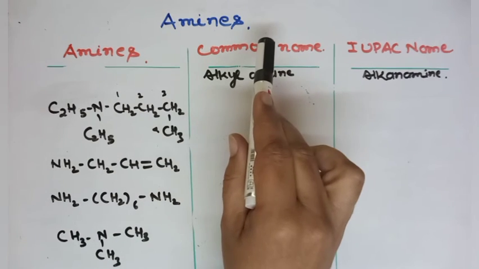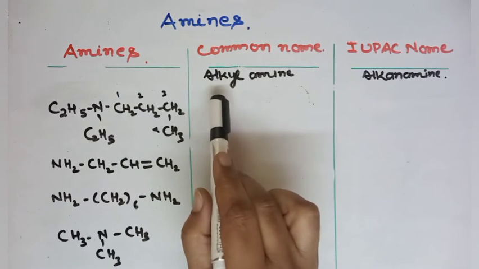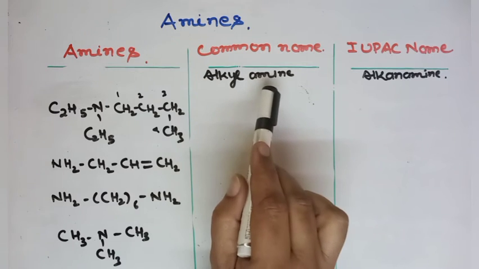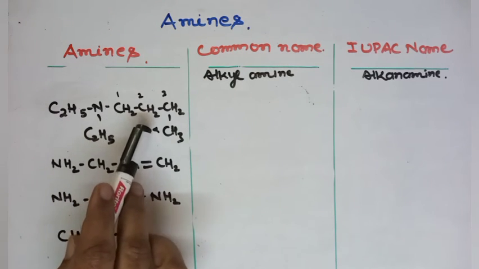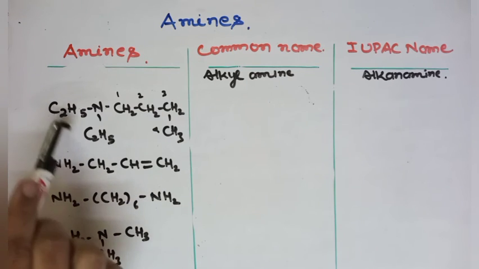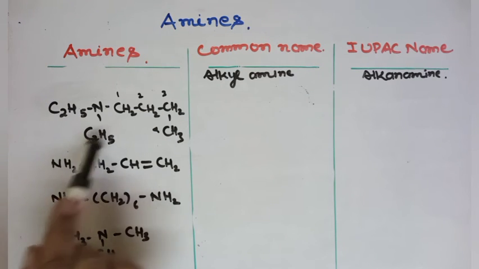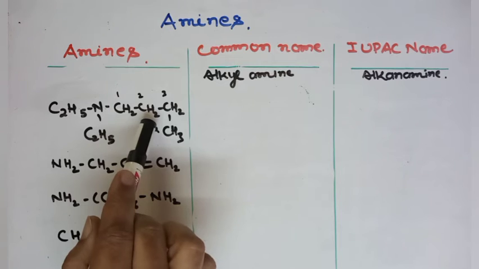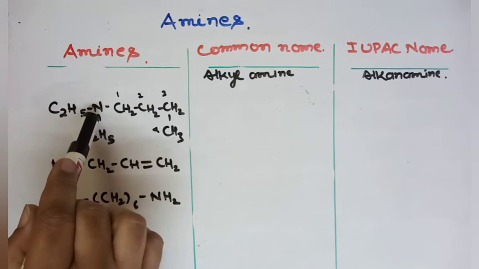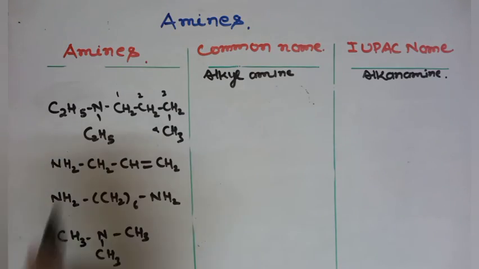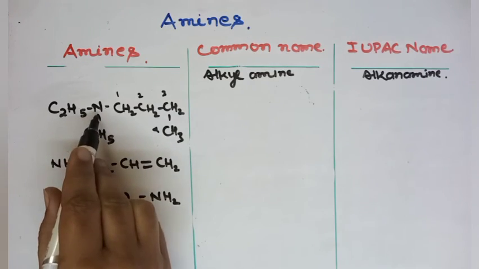In the common name we write alkyl amine, so we need to read all as alkyl. So these are N,N-diethyl and this one is butyl. So it is diethyl butyl amine, and all these ethyl groups are connected to nitrogen.